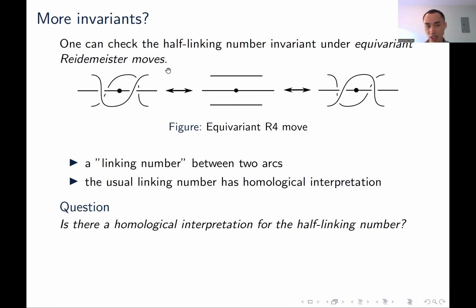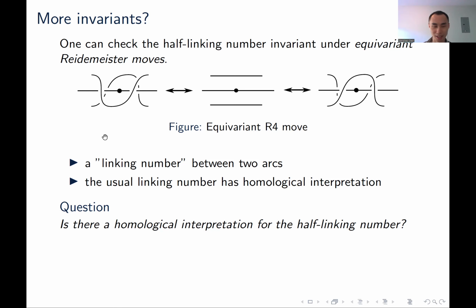And I'm sure you can imagine what Reidemeister 2 and 3 moves will look like in this context. The only difference in our case is that there's also an extra move called the equivariant R4 move, which is basically an R2 move, but it crosses the fixed point in the middle. Once you know that, checking this is invariant is elementary, so I'm going to skip that.